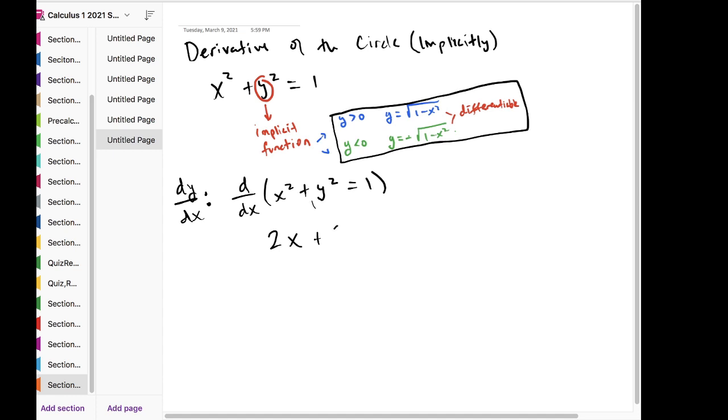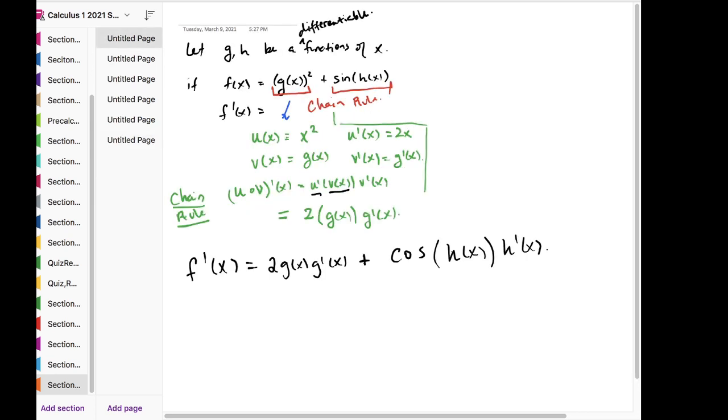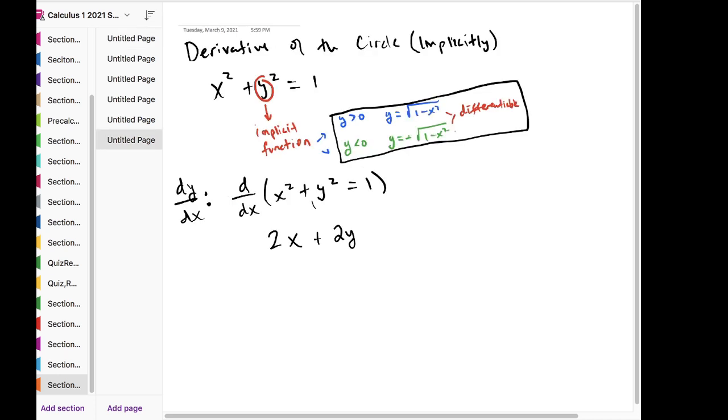Almost, yeah, it's 2y, but we do chain rule. This is why we did it here, right? What is the derivative of g of x squared? It's 2 times g prime. So what is the derivative of y squared? Well, since y is a function of x, 2y times dy dx, or y prime is fine.